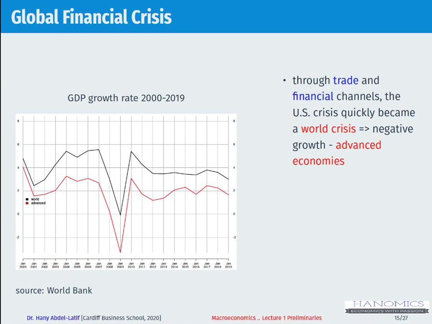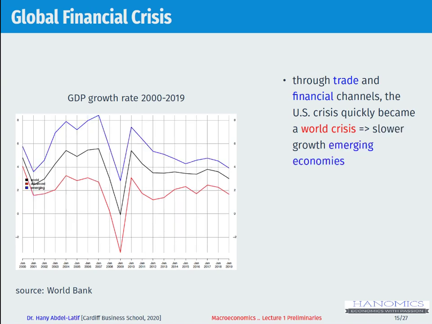If you look at emerging economies, they were growing as well from 2000 to 2007, but then in 2007, they haven't seen a negative growth rate, but the economic growth in these countries slowed down a lot compared to how it was before that.